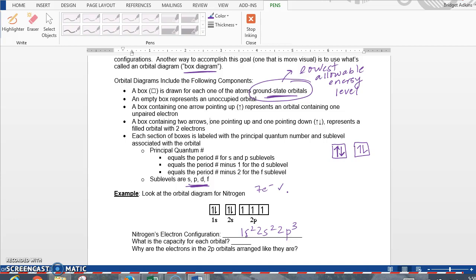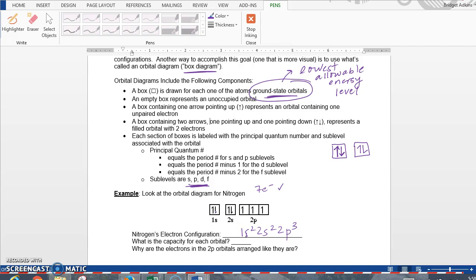So we know electrons are negatively charged, and if they have the opportunity to get away from one another, they will, because like charges repel. So that is why they're going to occupy the empty orbitals first before they pair up. And so you will want to place single, single, single, and then let's say we were going to do oxygen, which has 1 more electron, then that electron would be forced to pair up.